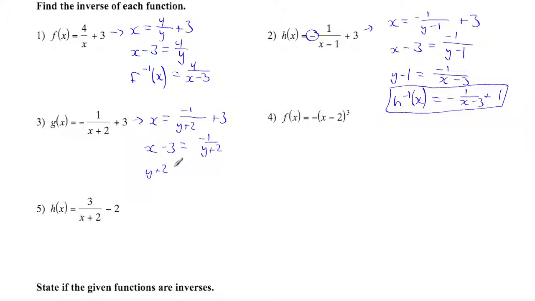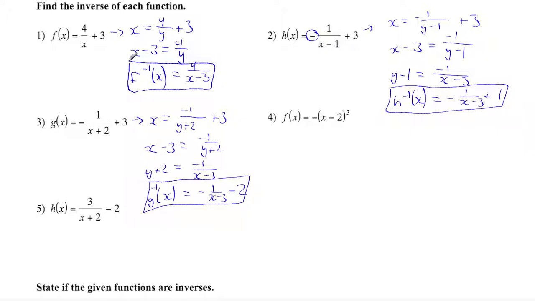So I get y plus 2 is equal to negative 1 over x minus 3. Subtract the 2, which would isolate the y. So I'm going to get negative 1 over x minus 3, and that's going to be a minus 2. I like to put boxes around my answers, which I did not do for the first one.